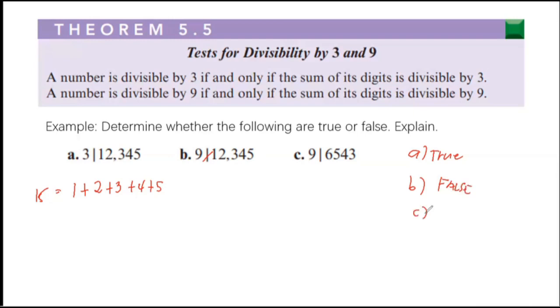And for letter C, yung bang 9 ay divisible by 6,543? So check lang natin yung number. Then kuhanin natin yung sum, 6 plus 5 plus 4 plus 3. So magiging sagot natin dyan ay 18. At ang 18 divisible by 9.